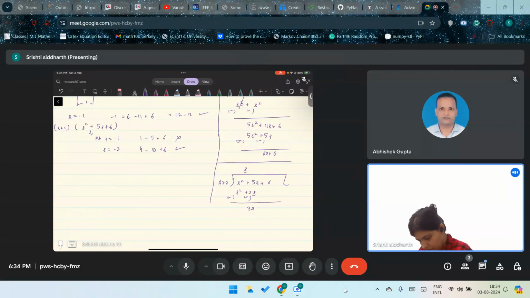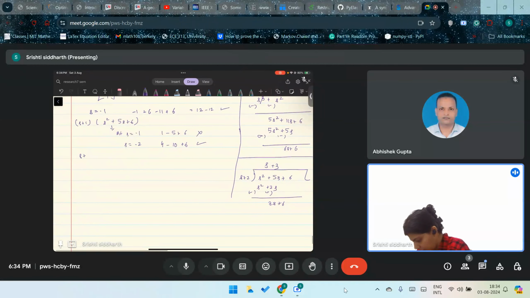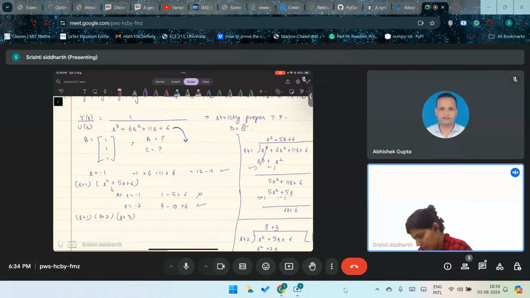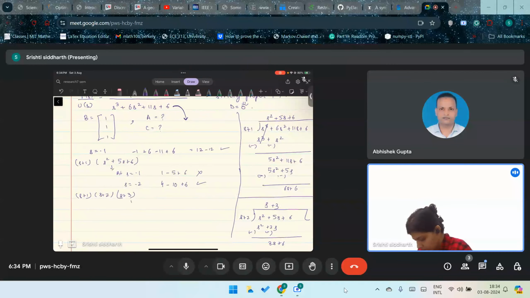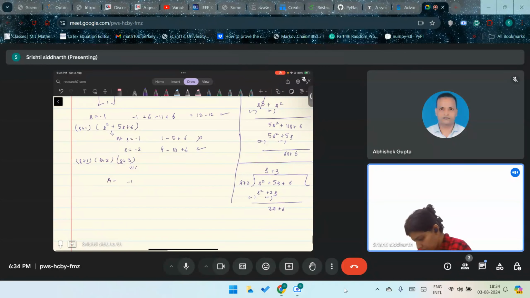We have 3s plus 6, and this is just 3. Alright, so finally we have (s plus 1)(s plus 2)(s plus 3). Okay, so these are distinct eigenvalues. These imply that A is going to be minus 1, minus 2, minus 3 along the main diagonal, and then zeros.